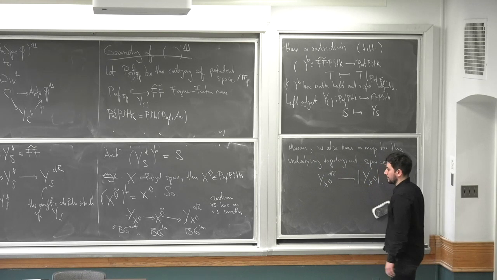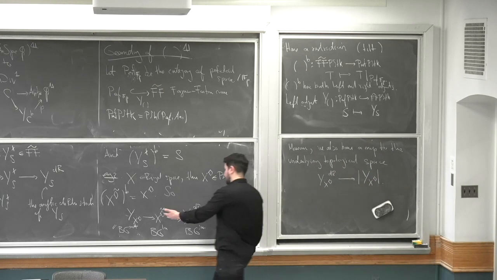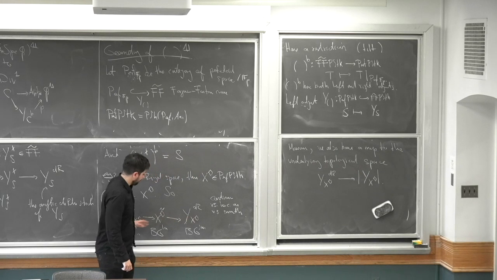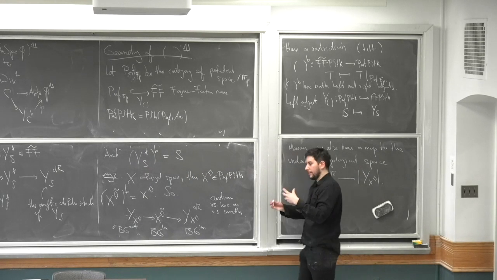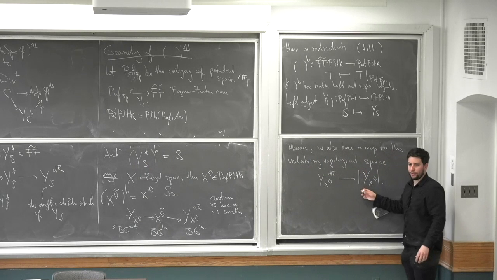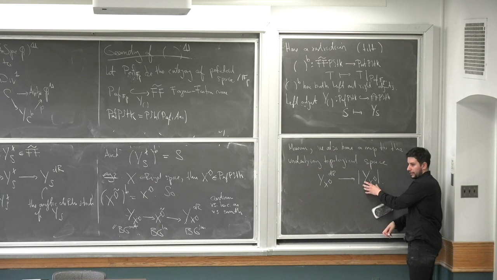All these three gadgets here are basically different versions, different kinds of analytic stacks associated to this topological space. So all of them live over, and have, the same topological space.